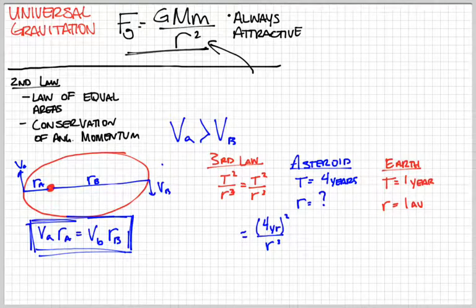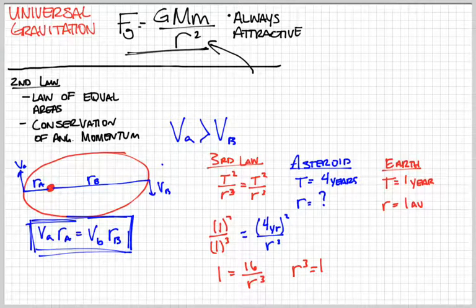So we'll plug that in on the Earth's side. We have 1 squared over 1 cubed. 1 squared is 1, 1 cubed is 1. So we have 1 equals 16 over r cubed. So we get r cubed is equal to 16.